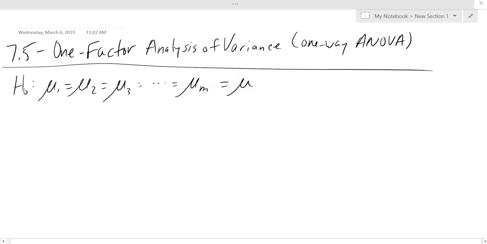There's a common mean for all of them. Your alternative hypothesis is that at least one of the means is different from the others.